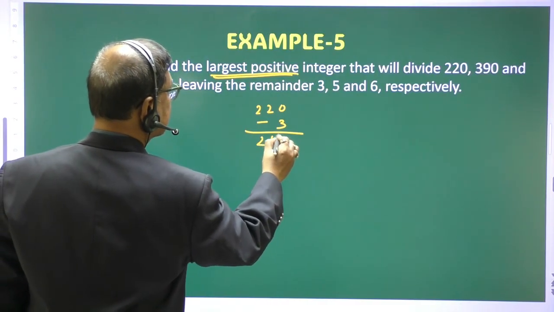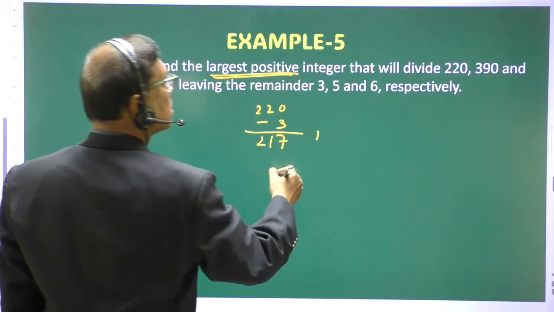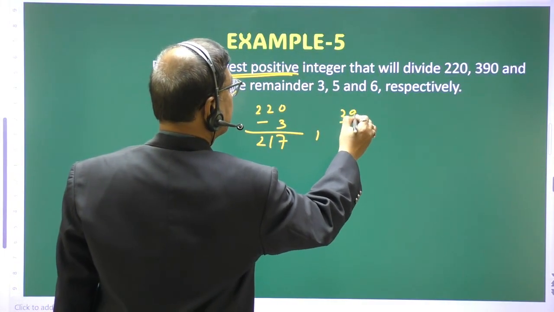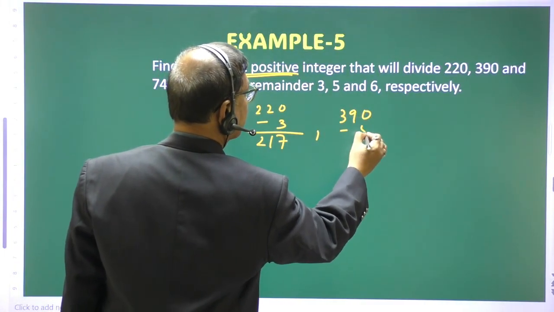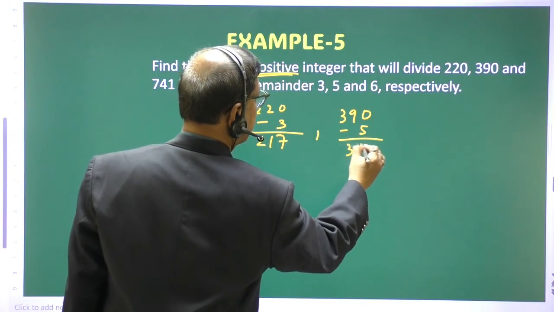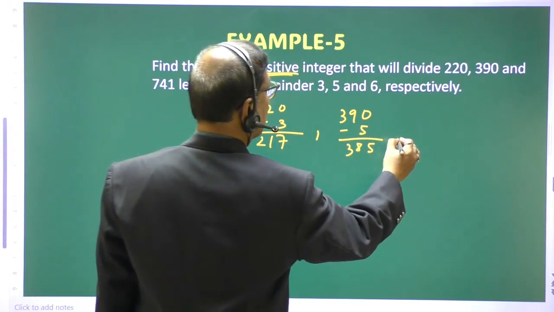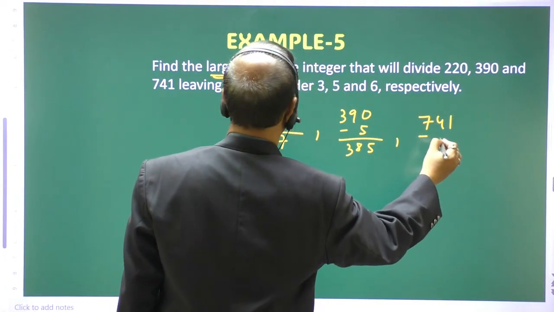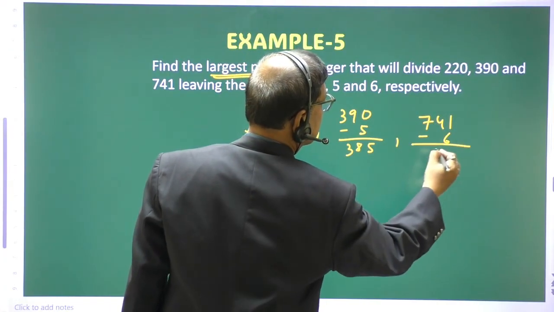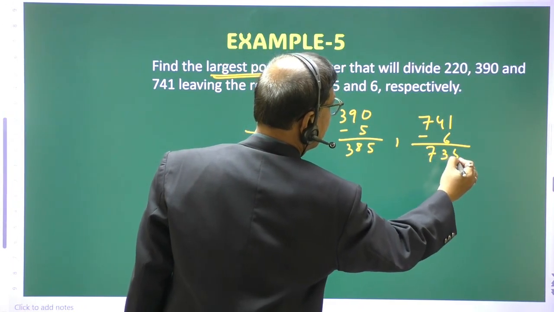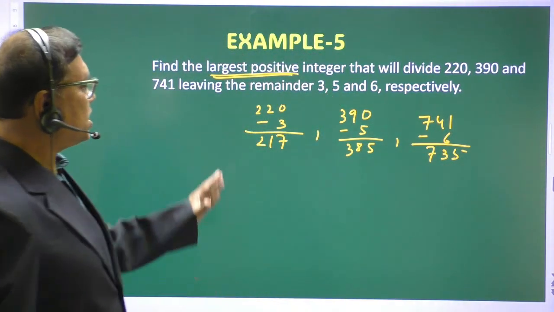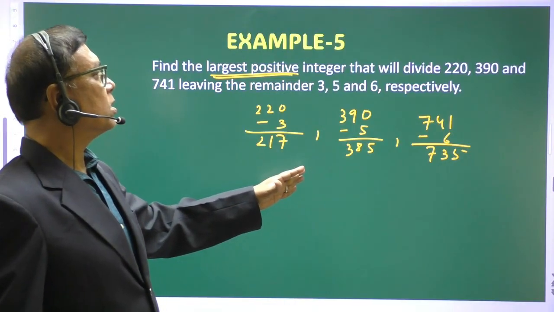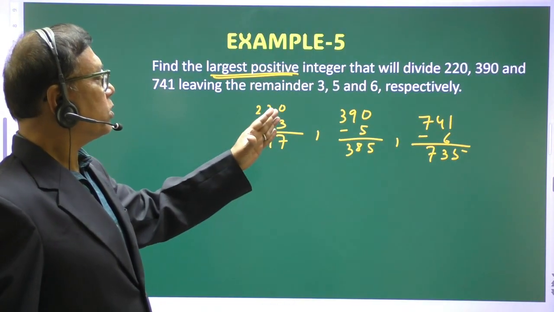So 217, 390 minus 5, 385, and 741 minus 6, 735. So these three numbers, what?